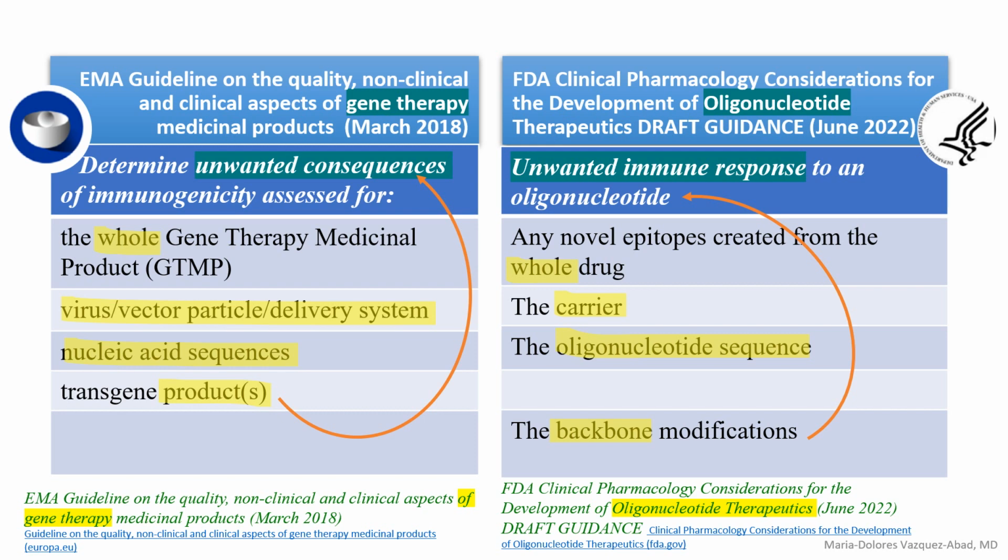They do not talk in this section about potential immunogenic responses to the product because this section is the section on oligonucleotide immunogenicity. Later in the same guideline, they do talk about also potential immunogenic responses to the drug.